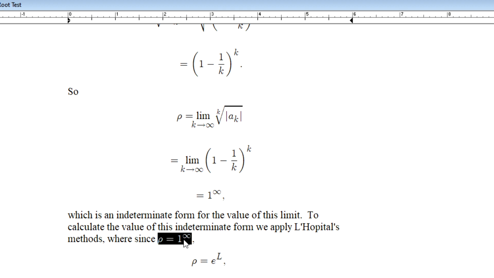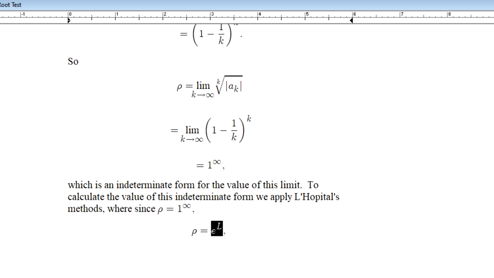Since rho gives us 1 to the infinite power as this result for the limit, rho in L'Hopital's method must be equal to e to the L power. Where what is L?